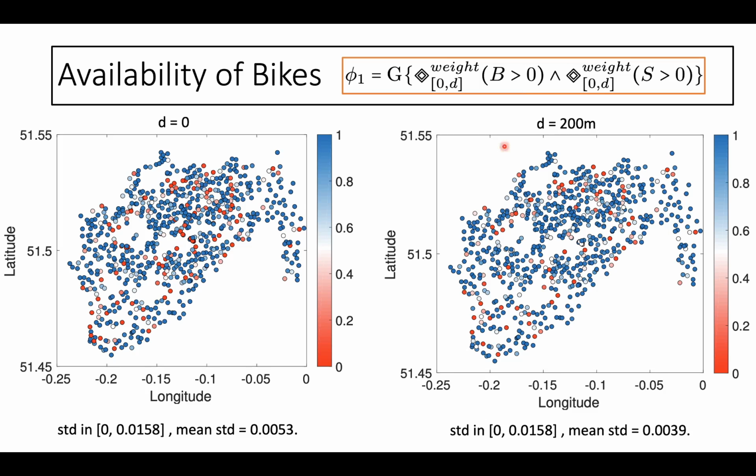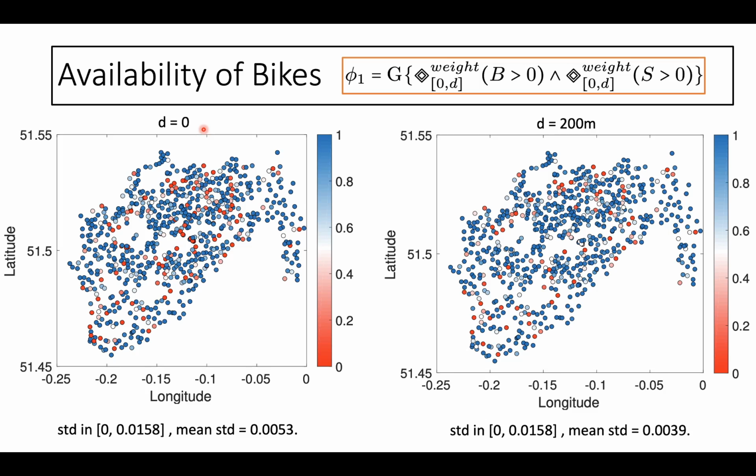What we are changing, as we are going to see now, is the value of D. This is the distance within which we check whether there is a station with at least one bike and one free slot.